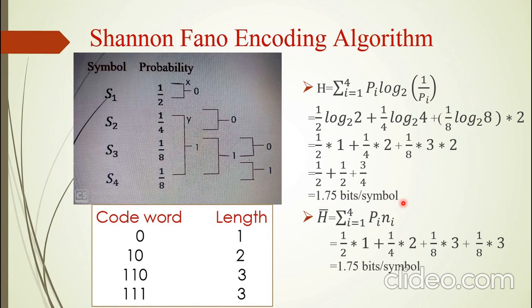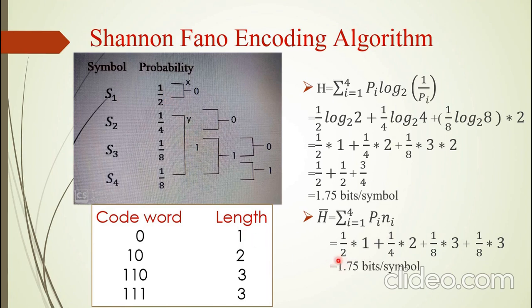So let us calculate H bar. H bar is summation of i equal to 1 to 4, pi ni, and the reason is 4 symbols are there, pi is the probability and ni is the code word length. So this will be 1 by 2 into 1. For the first symbol, the probability is 1 by 2 and the code word length is 1.